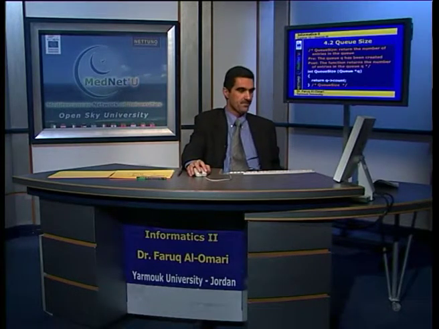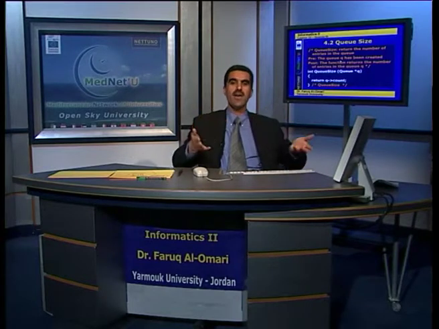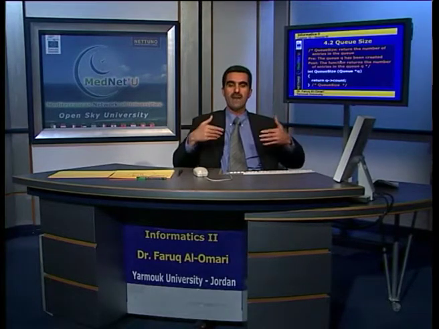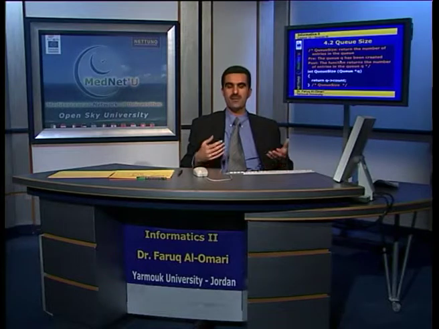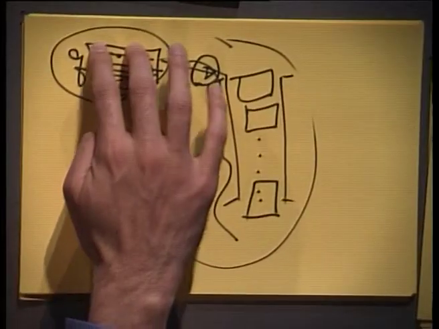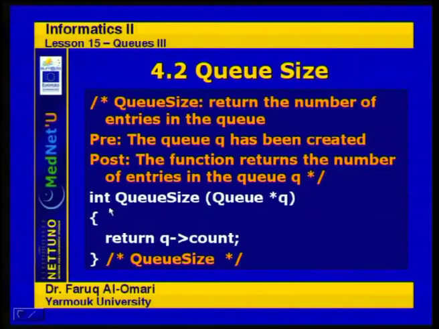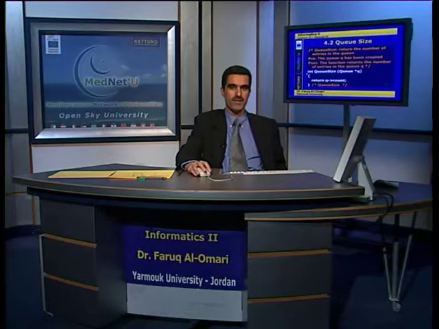Queue size. Well, basically, the queue size is contained in count now. So anytime I would like to know how many entries are there inside the queue, you will simply go to the queue structure and look at count. So basically, what I'm doing in here, it's going to have a return value of type integer, and that reflects the number of entries I have in the queue.